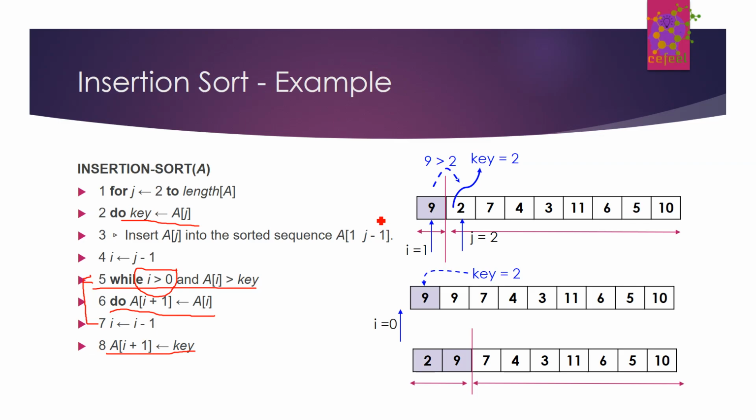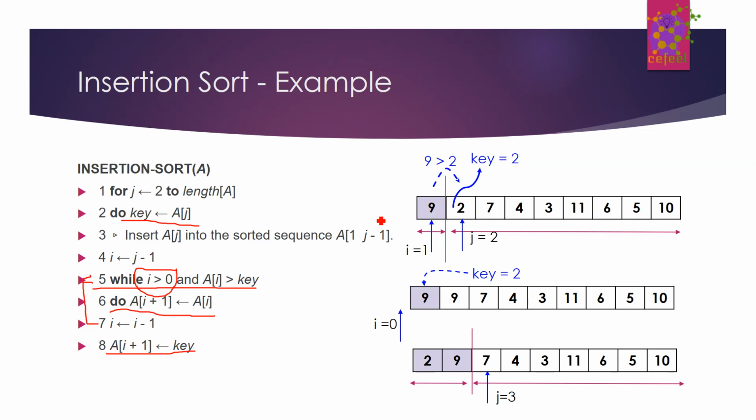So we are done with step 6, but we are still inside the for loop for j. So we go to step 1 again and increment j. j now gets incremented from 2 to 3, so j now points to 7.